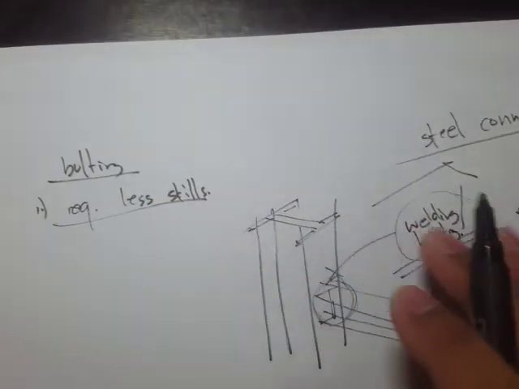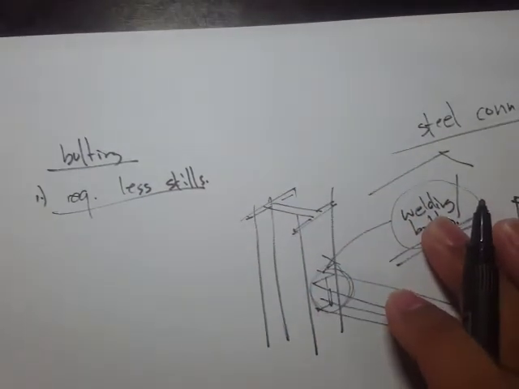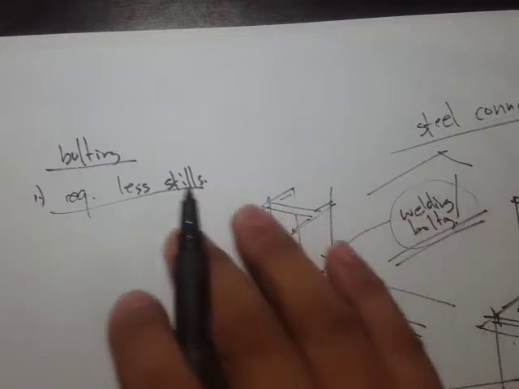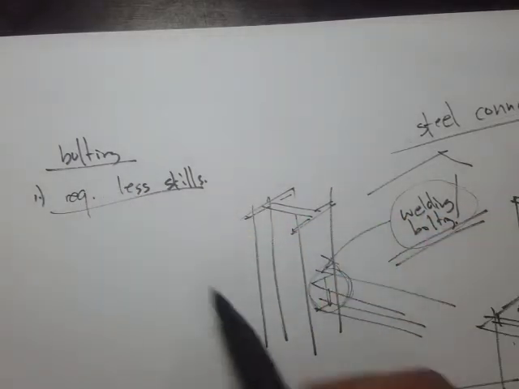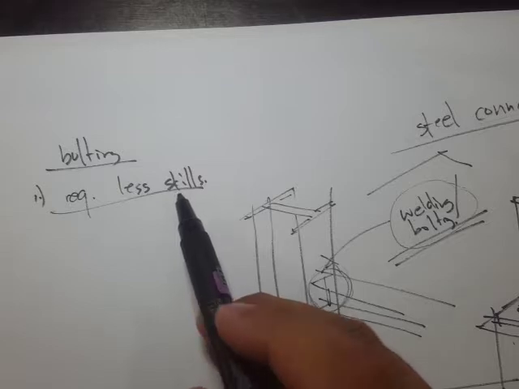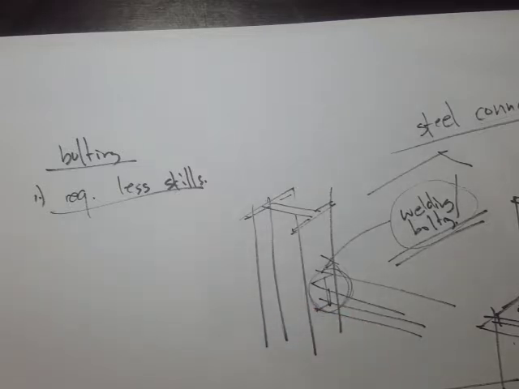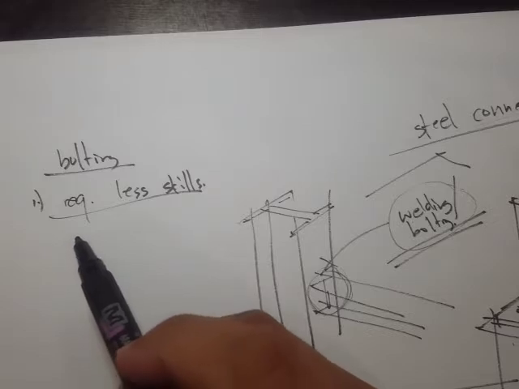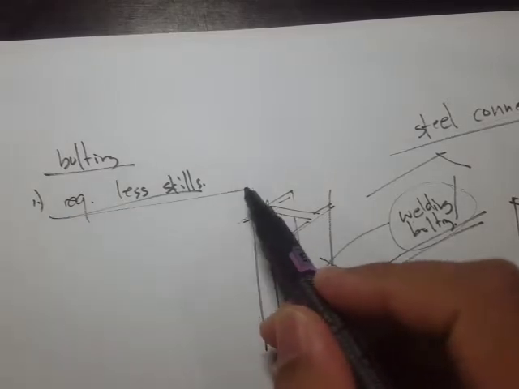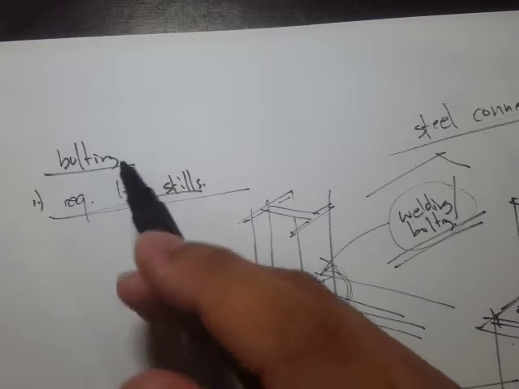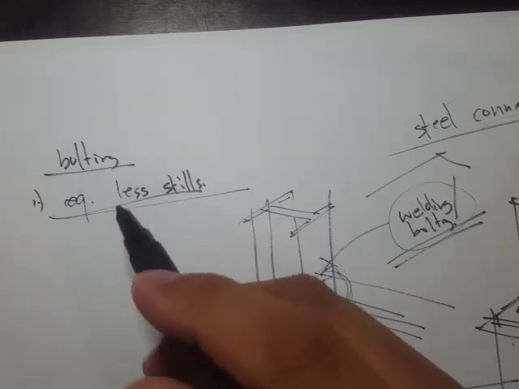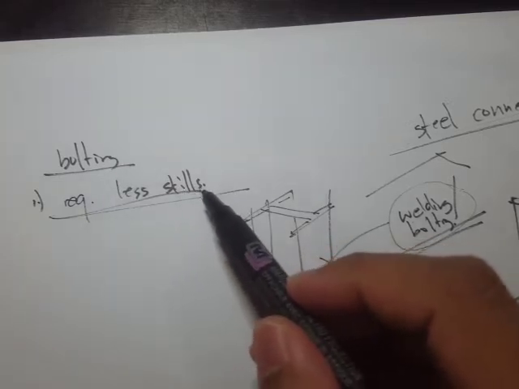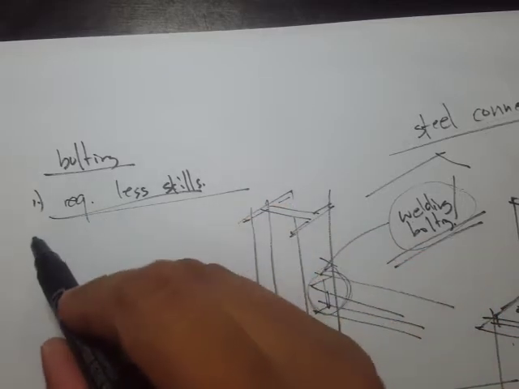Now, of course, it's not that you're just hiring random workers here, except that in welding, you're hiring a skilled welder. So that's why bolting requires less skill as compared to welding.